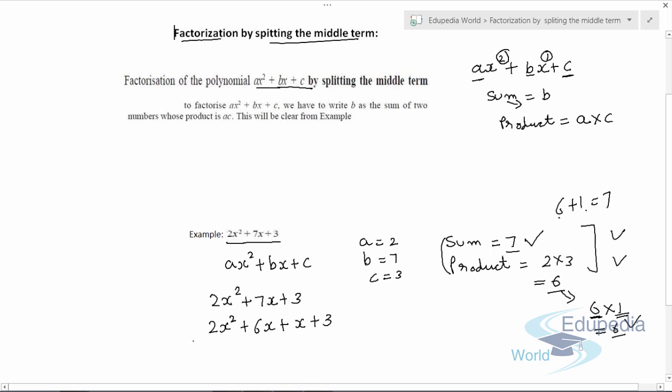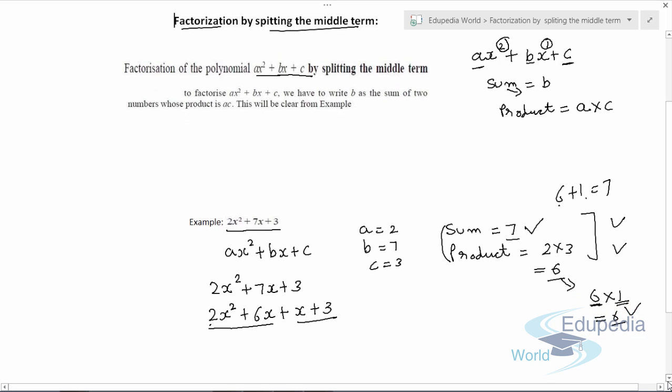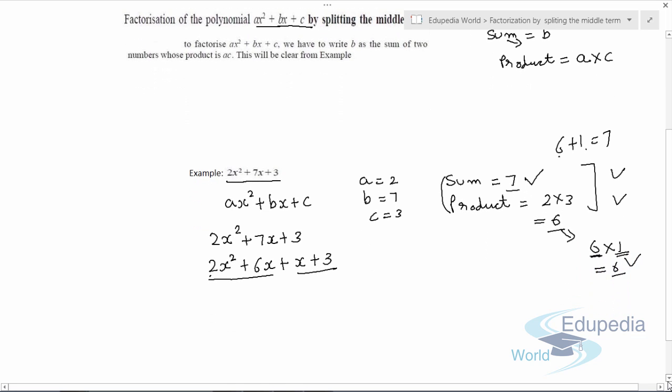Now in the next step, we have to make pairs, like a pair of 2x square plus 6x, and x plus 3, and then we have to pull out the common parts from these pairs. Now we have two pairs, 2x square plus 6x and x plus 3.